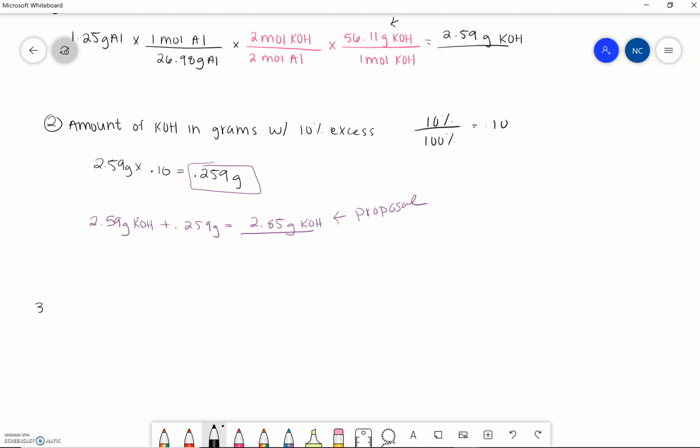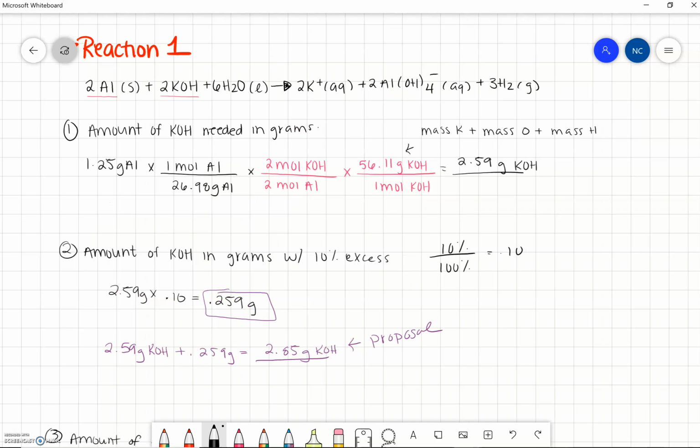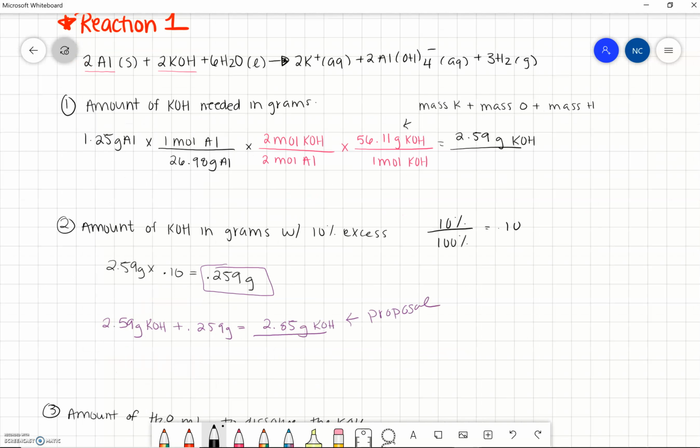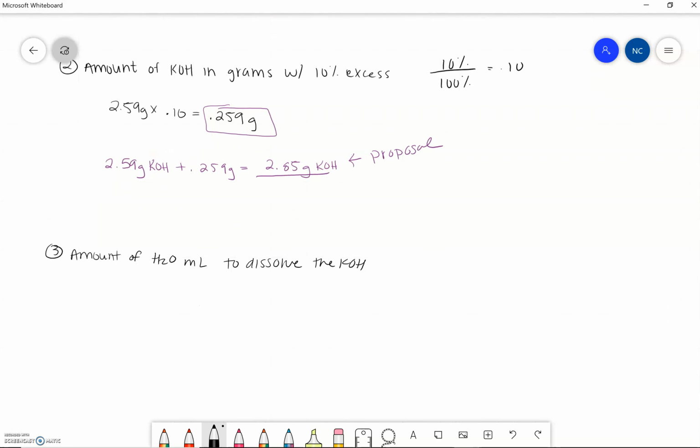So question 3 is the amount of water in milliliters to dissolve the KOH, and we're going to be using the mole ratios from reaction 1. Remember, the only information that was given is the 1.25 grams of aluminum.